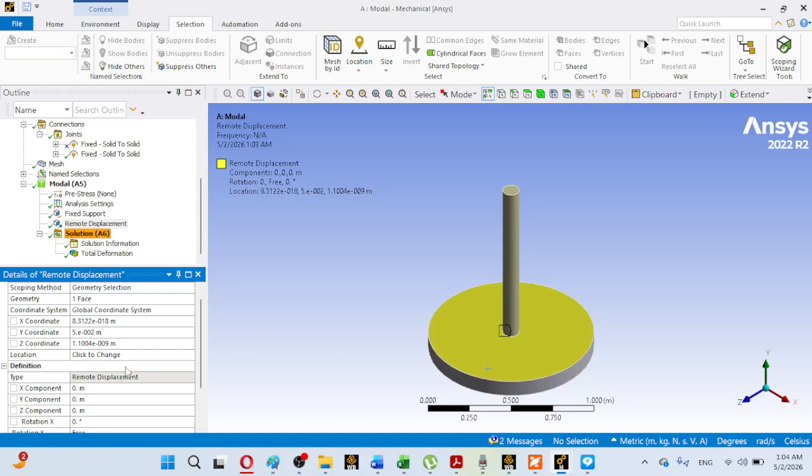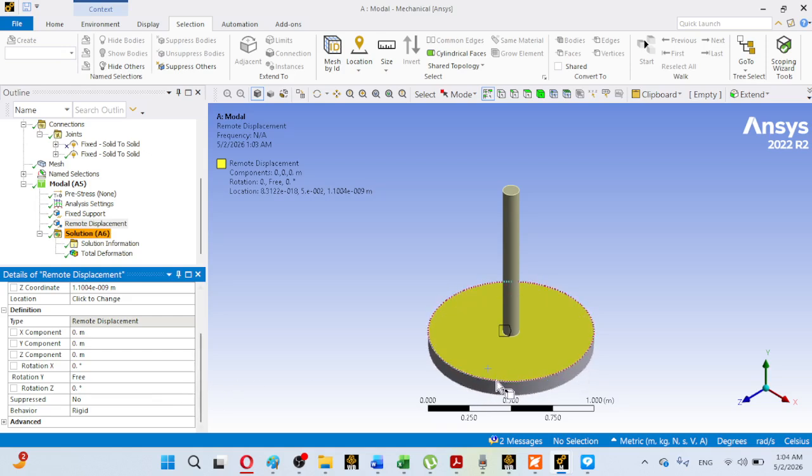So any face can be selected, and remember that rotation y means all linear parameters to be 0, rotation along x or any axis which is located in the plane of the face must be 0. So if you select this face, you can select its bottom face which is parallel to this face. In any case the rotation y is free.